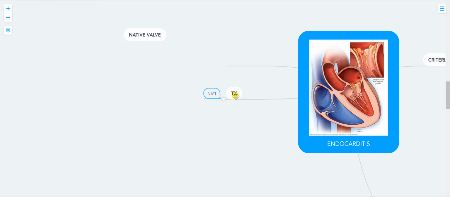So for native valve, you give vancomycin. What if it is a prosthetic valve? What do you give?